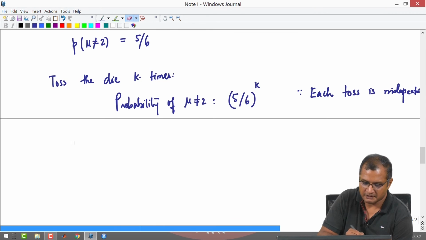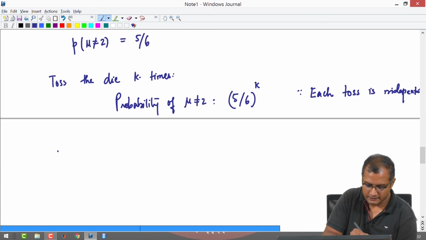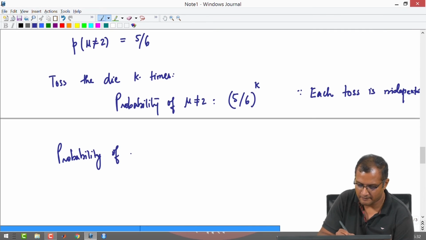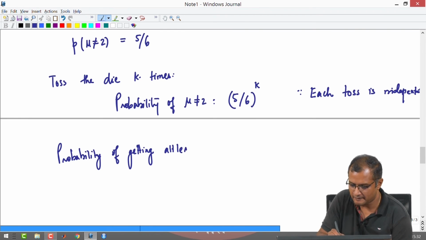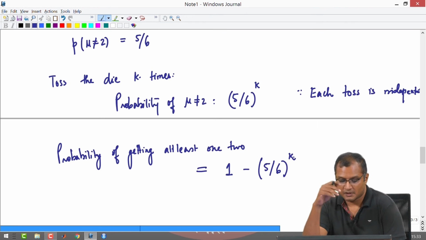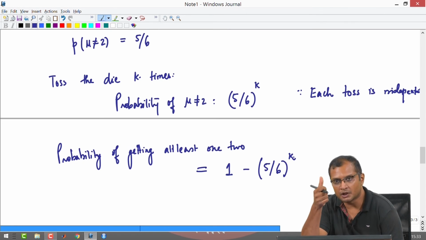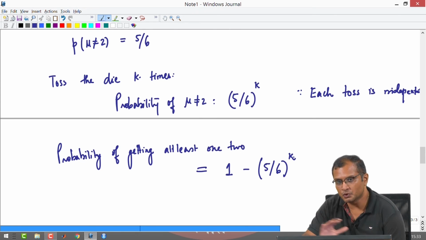I can say that after k tosses, the probability of getting at least one 2 would be just 1 minus 5/6 to the power k, right, because there are only two options, either you get a 2 or you do not get a 2. 5/6 to the power k is the probability of getting no 2 at all.